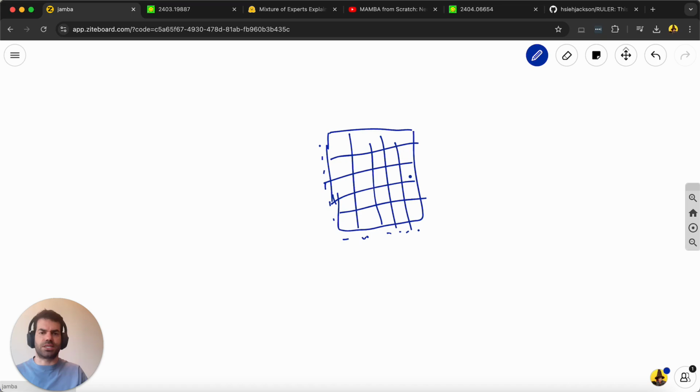But the problem is, and this is why I draw the matrix, as you can see, in order to produce something like this, we're talking about quadratic complexity. Okay, so this is something that will take both a lot of time and also will require a lot of memory. Okay, so these are the issues with transformers.